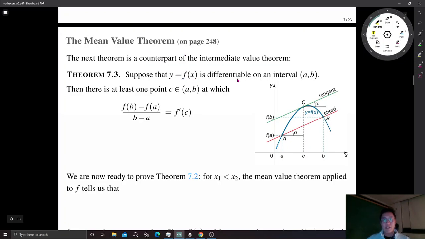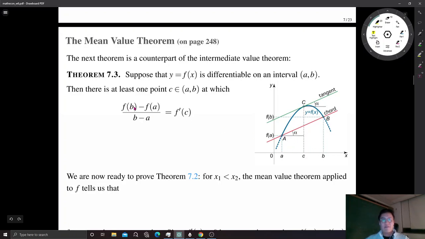So the mean value theorem tells us that whenever y is given by f of x, and this function is differentiable on the interval between a and b, so we have a smooth function, then we can compute the rate of change over this interval.